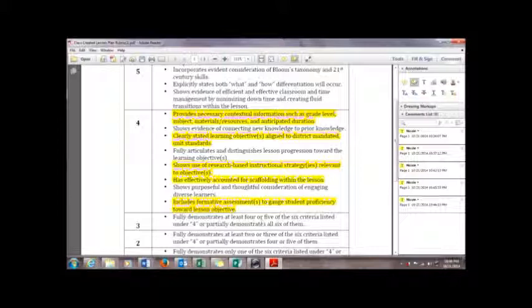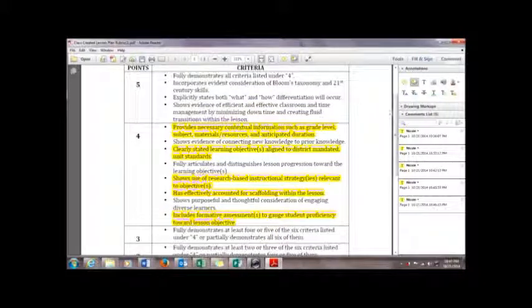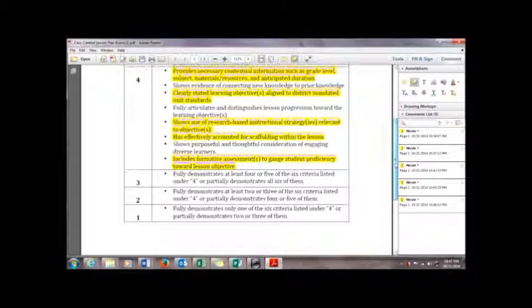So because we haven't even hit a 4, because we only listed 5 of the criteria up here, we're not going to really look at the 5th one because we have not fully demonstrated all criteria listed under 4.